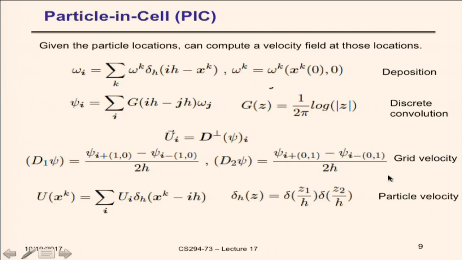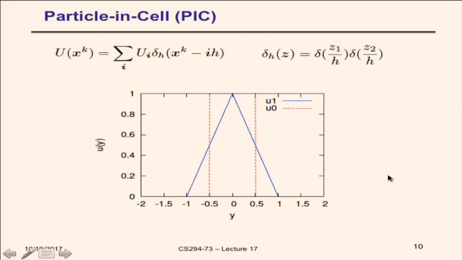So let's look at the one we're going to use. It's a function that is piecewise linear. It goes from 0 at -1 to 1 at 0, and then back down to 0 at 1. There are other things you can do that are less accurate, and there are other things you can do that are more accurate, but it's the blue one that we're going to be using. And that's in one dimension.